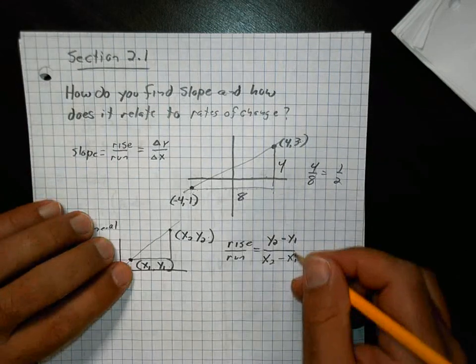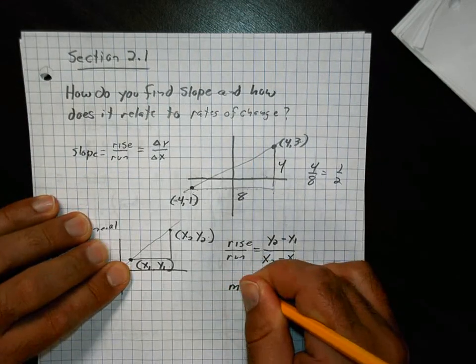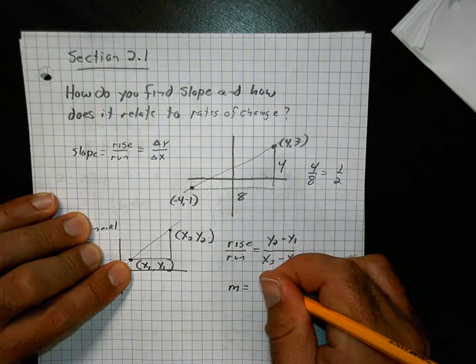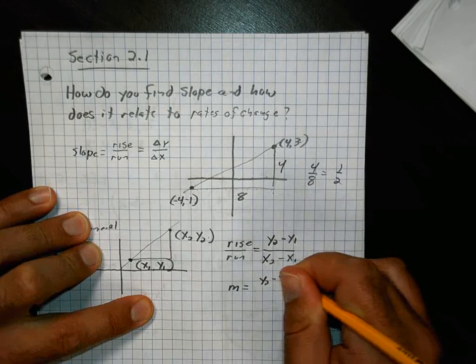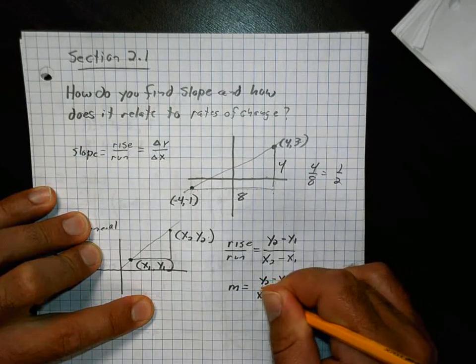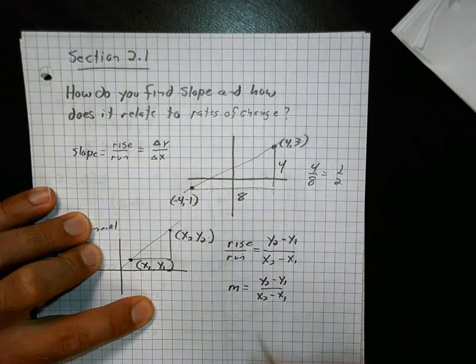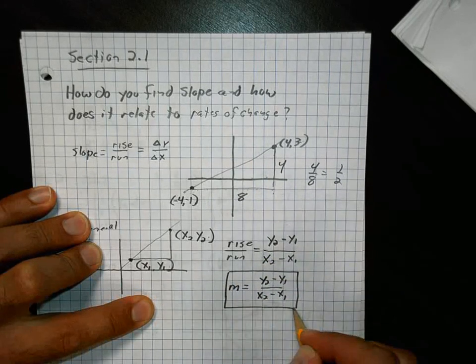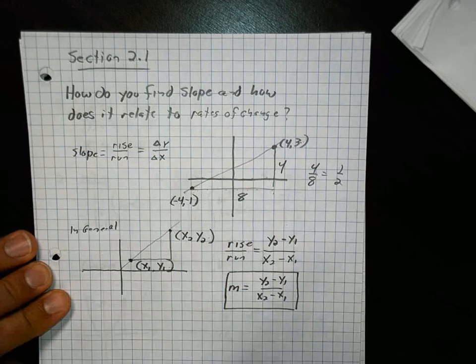So that's my slope equation. Slope is typically the letter m, like y equals mx plus b.